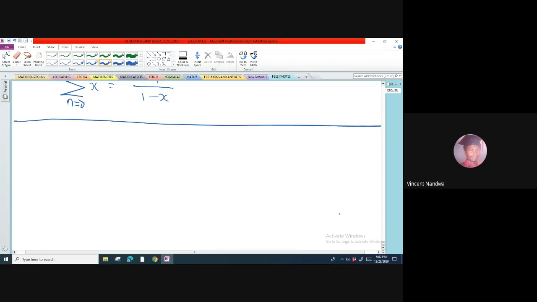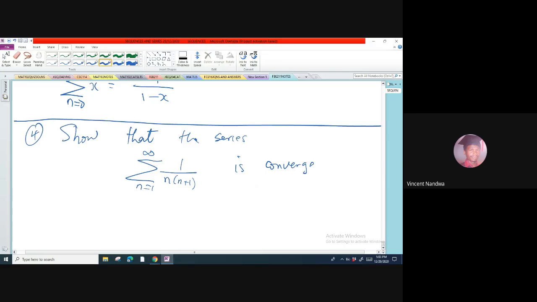And then next thing you say, show that. Another example, number 5: the series is convergent, and find its sum.